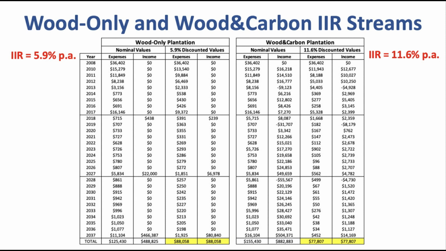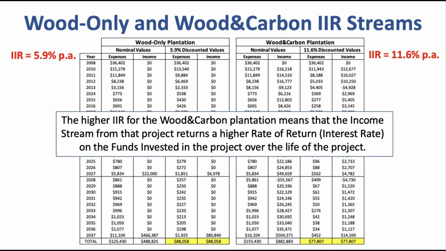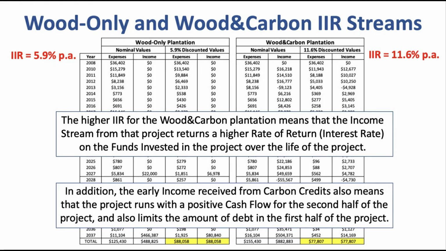So there's a higher internal rate of return for wood and carbon, but in addition, the early income received from the carbon credits also means that the project with carbon runs with a positive cash flow for the second half of the project, and also limits the amount of debt in the first half of the project.